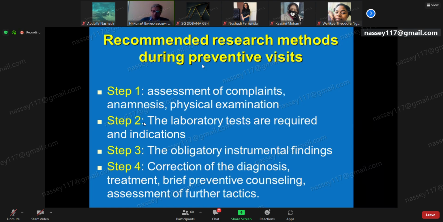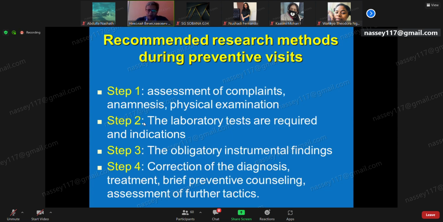Step three, prescription of the obligatory instrumental examinations, realization and interpretation of their findings, of course.